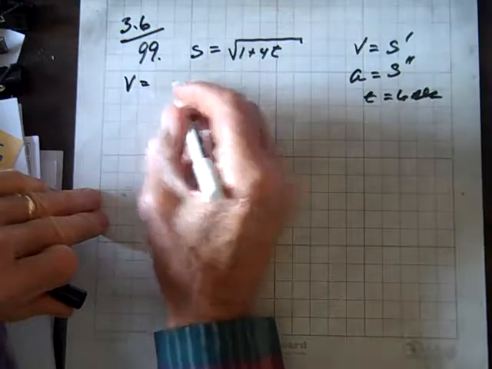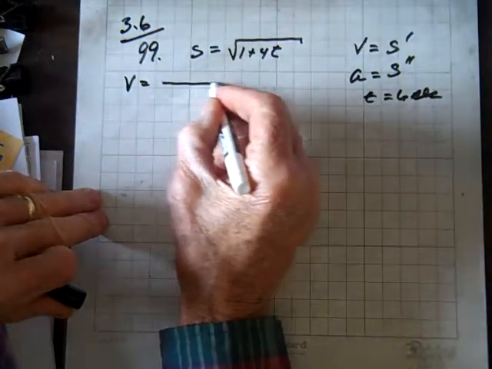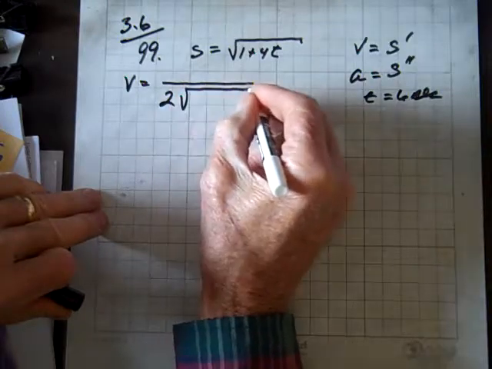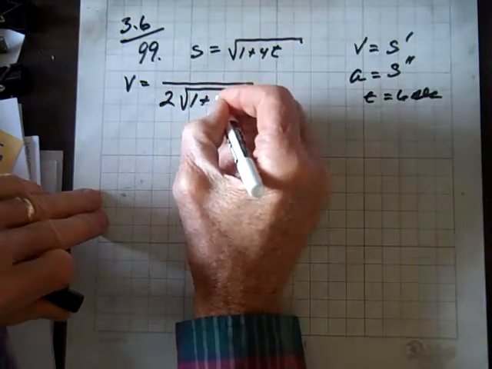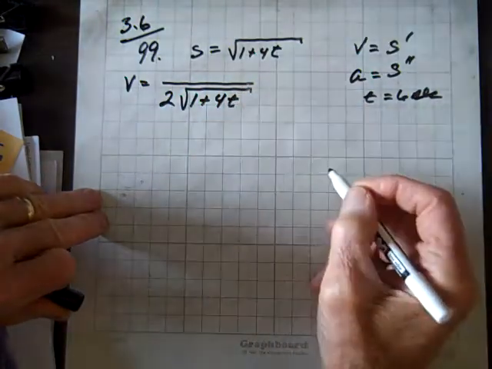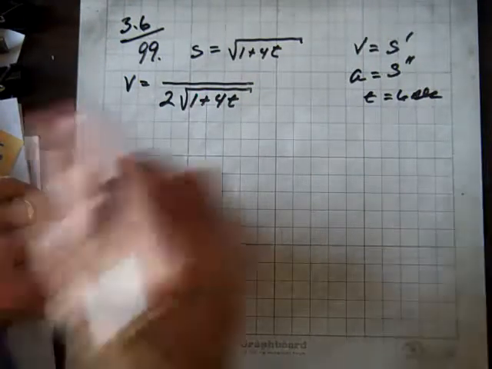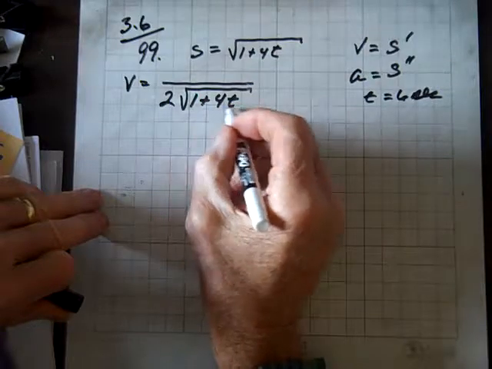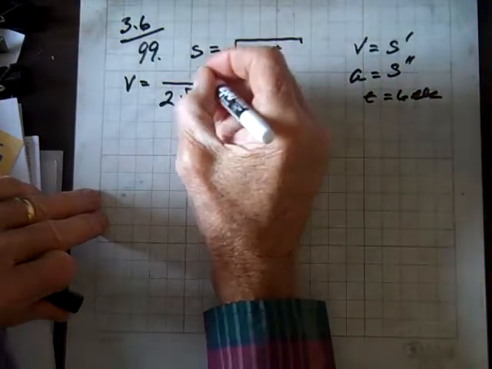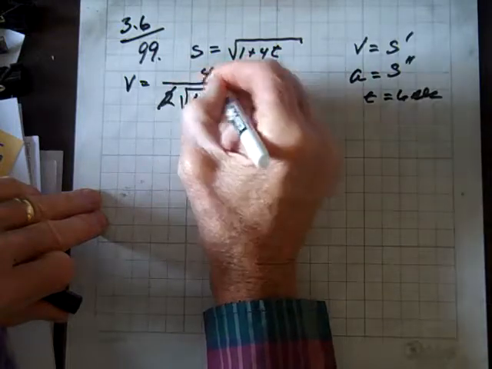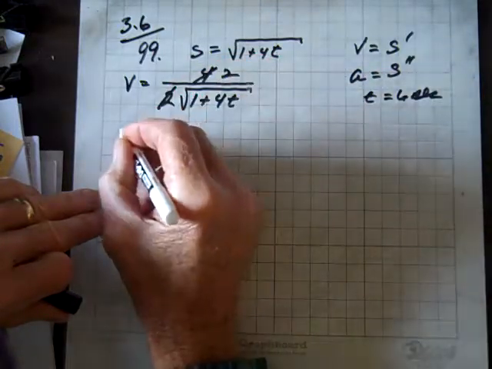Taking the first derivative of this, we know we have a 2 here, the square root of 1 plus 4t. And by the way, we're talking meters and seconds. Then we go inside and we take the derivative of 1 plus 4t by the chain rule, and we get a 4 there, and 2 goes into 4 twice.